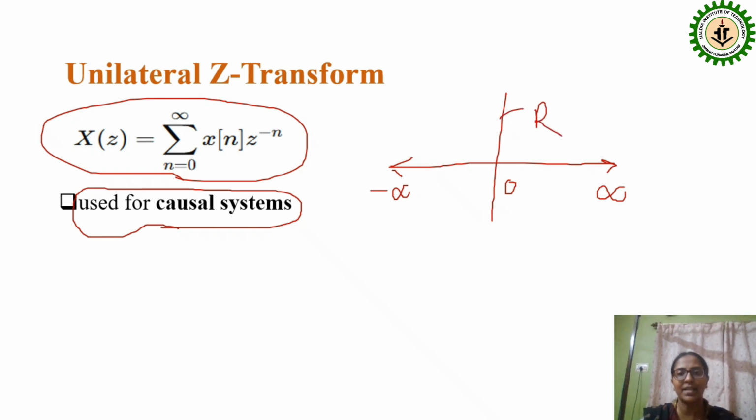So this is the right sided Z transform, and this Z transform is also called causal. For a causal signal or causal system, the right sided Z transform is present. In the next slide, we can find the vice versa, the reverse of this one.